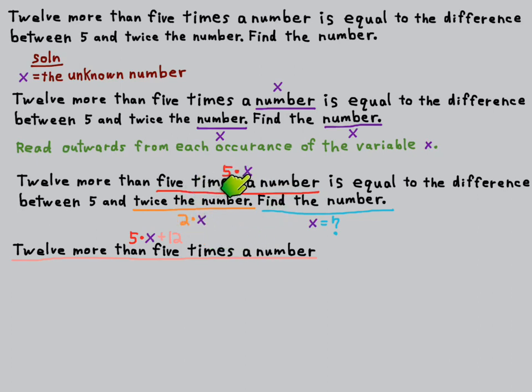When you're confused, you break it into little pieces like this and figure out each little piece at a time. It's a very important lesson, okay? Now the second one, it says the difference between 5 and twice the number, right?